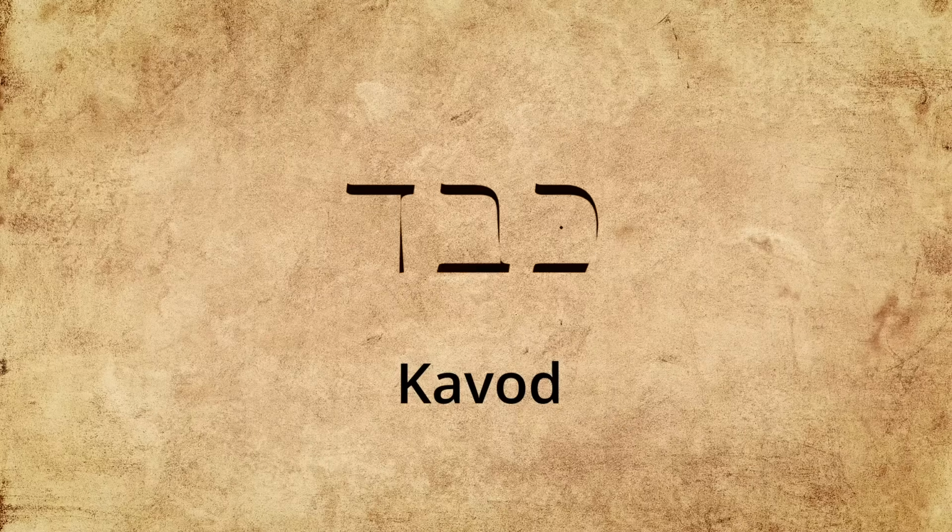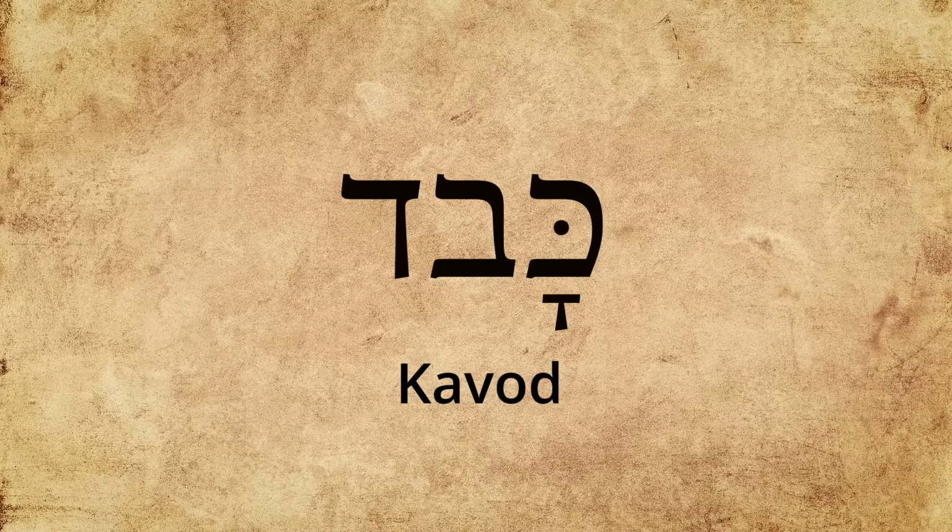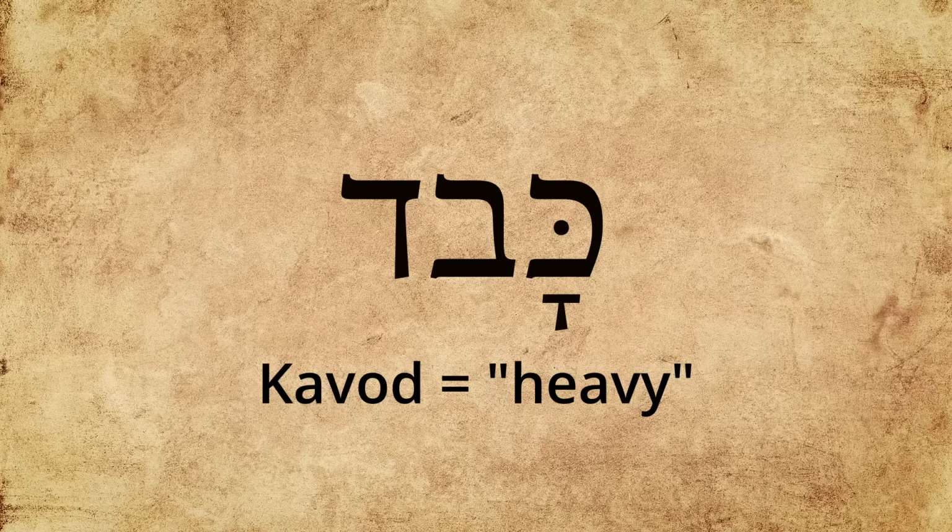Because, for example, kavod means something heavy, means a heavy person, in the sense that that person has an importance in society.